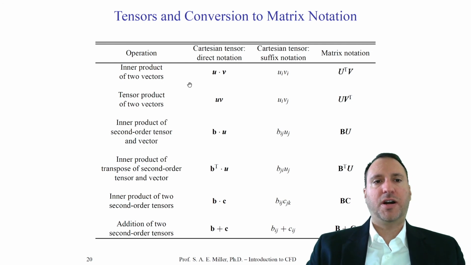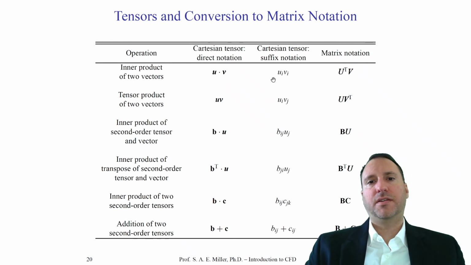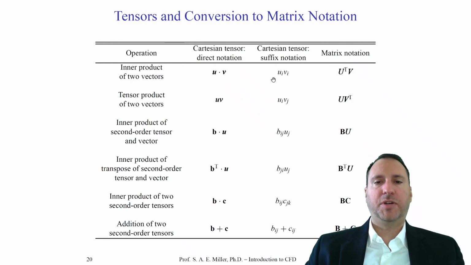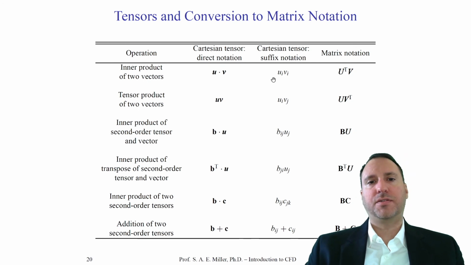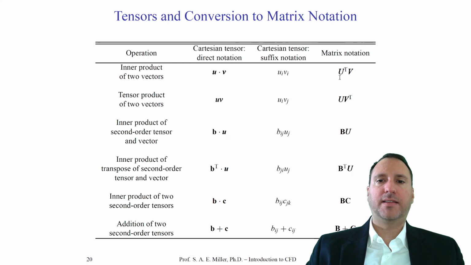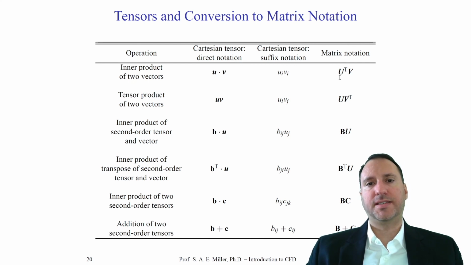For example, inner product of two vectors will be u dot v. They're bold because they're vectors. The index notation will be written ui vi. So of course we sum over these values of I for the inner product, and we can also write these as in a matrix notation, which would result in, of course, a scalar quantity for an inner product.